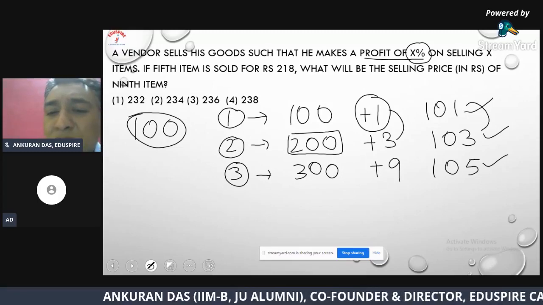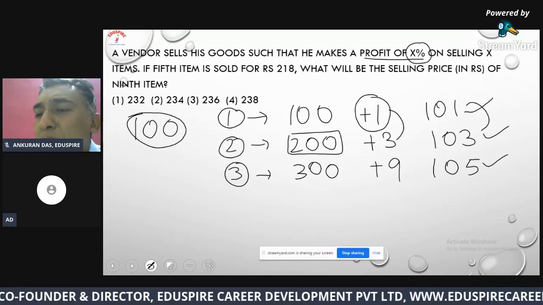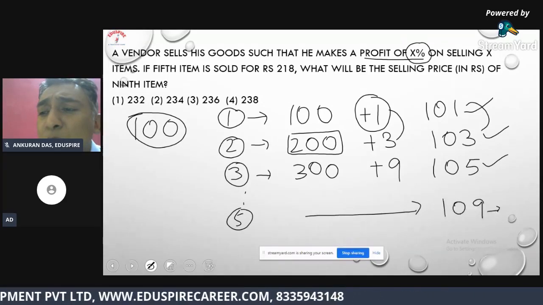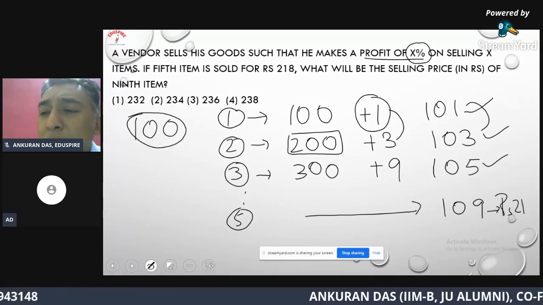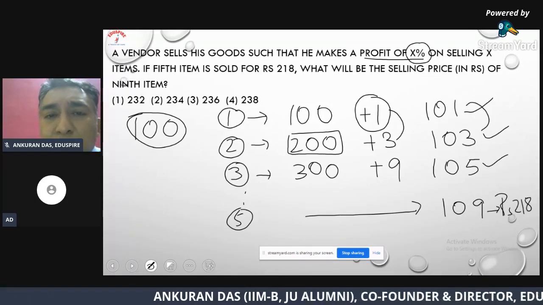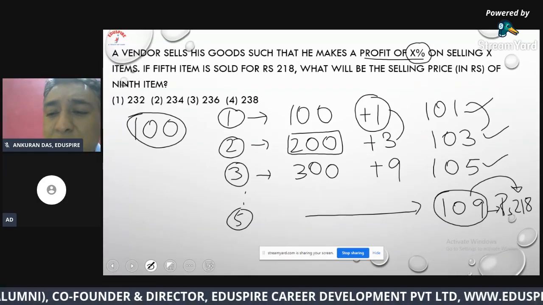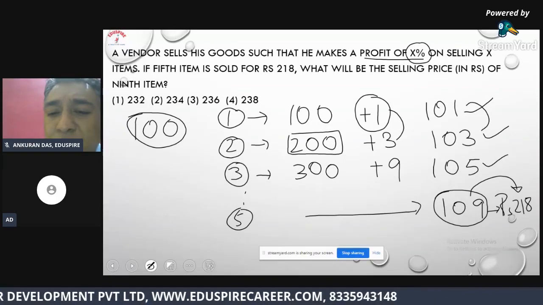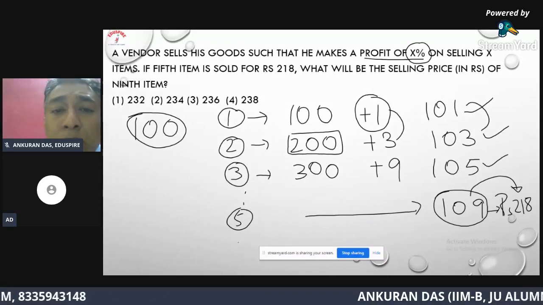So that way, if you go ahead, the fifth item will be sold at 109, which they have said is equal to rupees 218. So what we got as 109 is given as rupees 218 in actual terms. Hence, if fifth item is 109, then they have talked about the ninth item, right?